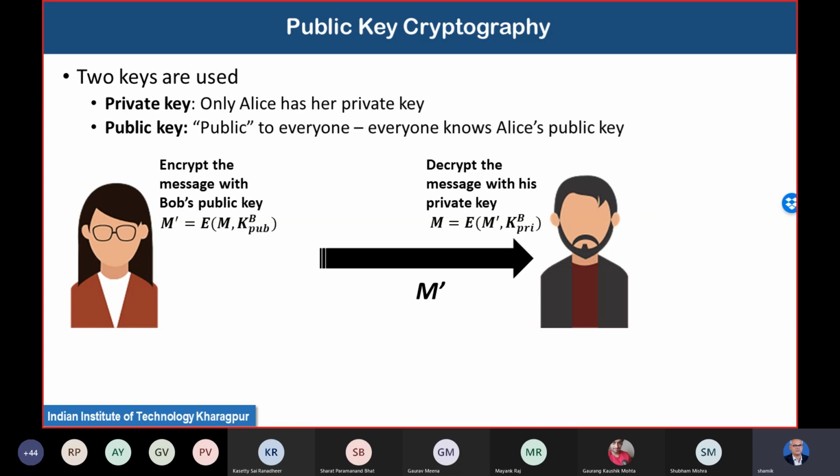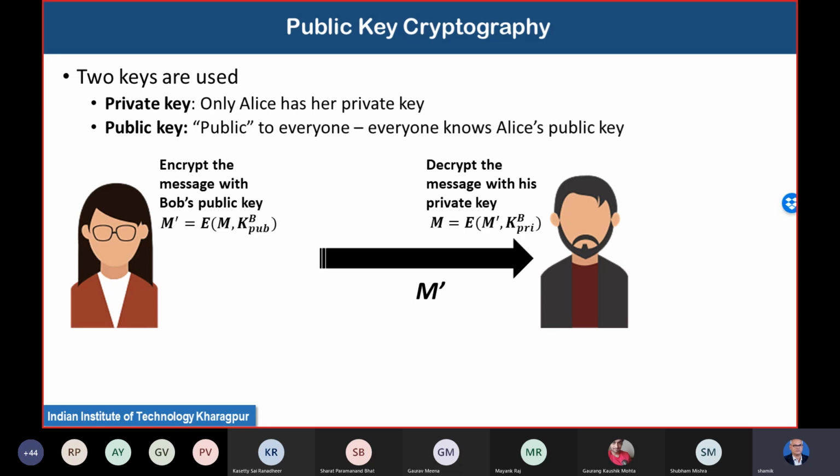What Alice wants to do is send a message M to Bob, which only Bob will be able to decrypt and read. Nobody else in this world would be able to decrypt it. So Alice encrypts this message M with the public key of Bob, which we denote as kpub B. What we get out of it is M prime, or C, the ciphertext.